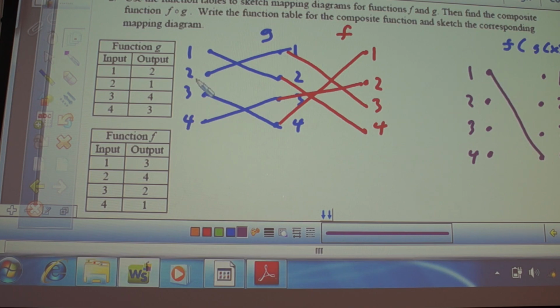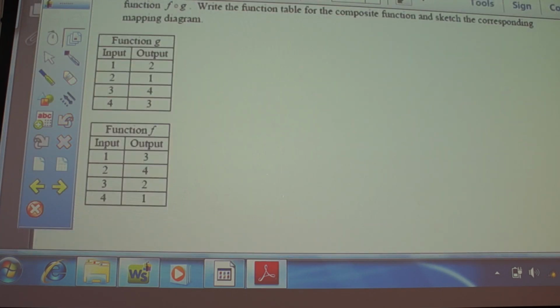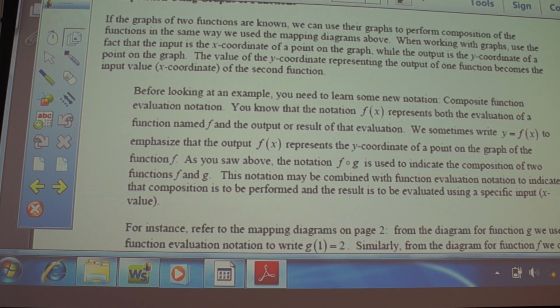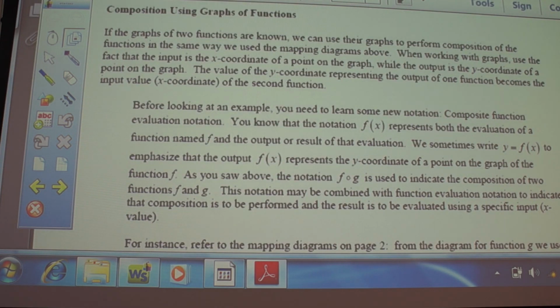If I start off at 2, I go to 1, and then I go down to 3. So if I start off at 2, I end up at 3. And here, if I start off at 3, I go to 4, and then I go up to 1. So if I start at 3, I end up at 1. And 4 goes to 3, then to 2. So if I start off at 4, I end up at 2. Good? Right. Okay. Next page.